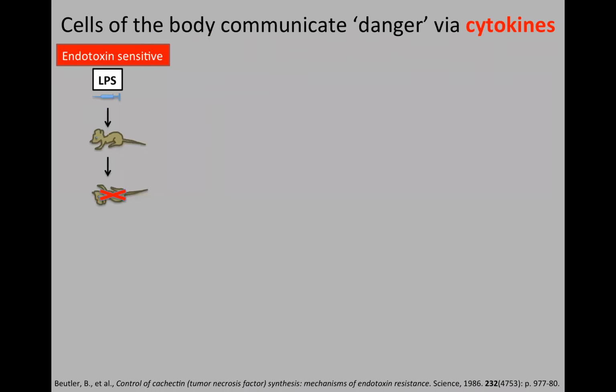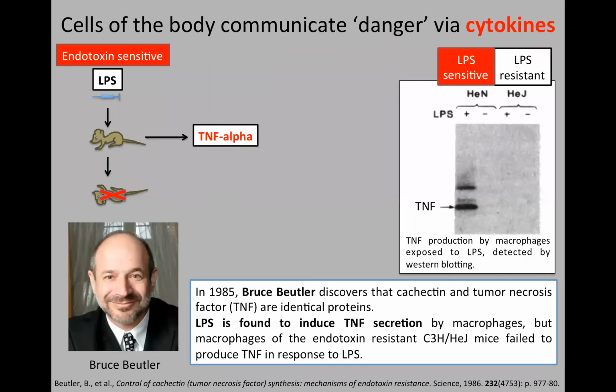So we could see that the NF-kappa B activation led to cytokine production. These cytokines will be very important because actually the TNF-alpha, as was discovered earlier again by Bruce Beutler, is produced in response to LPS.